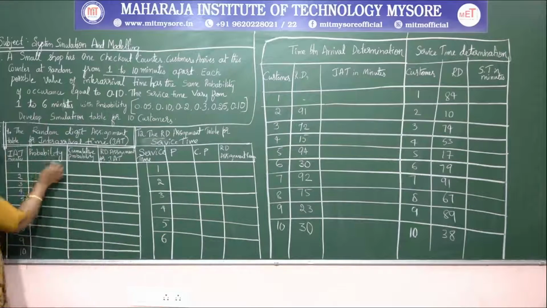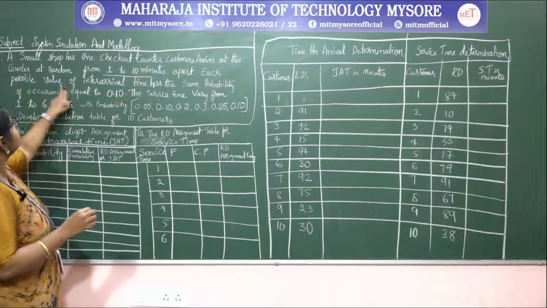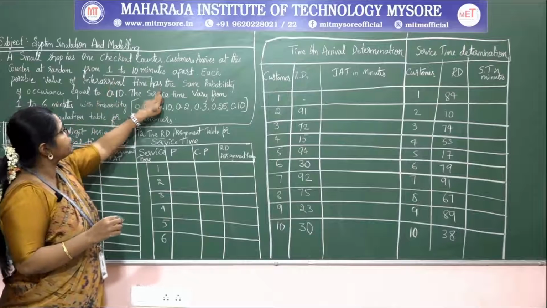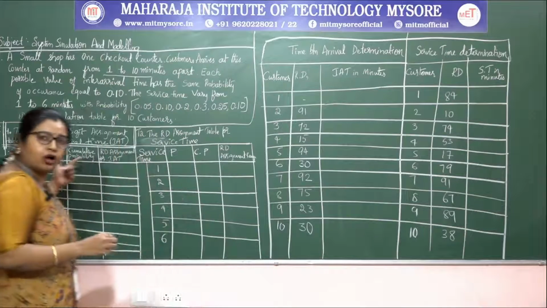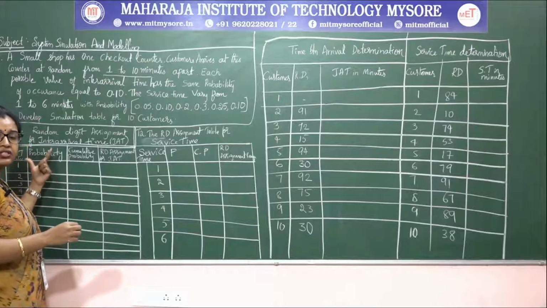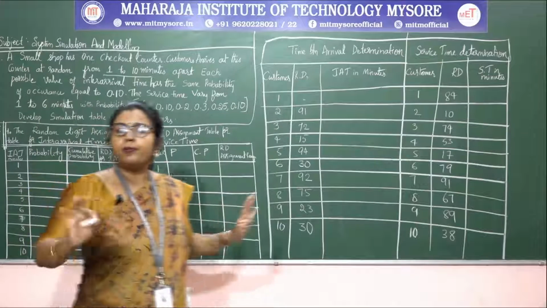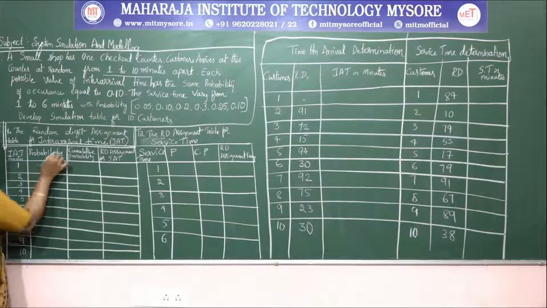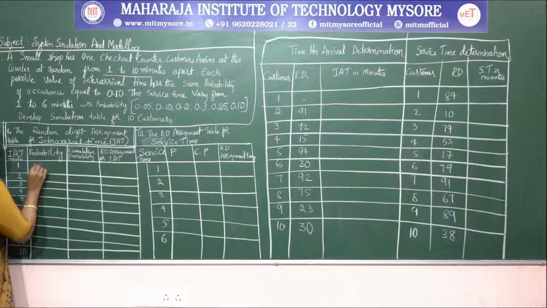So that is the probability for this IAT they have given already. Each possible value of inter-arrival time has the same probability. That means for all the 10 minutes, starting from 1 to 10, there is no change of probability at all; the probability of occurrence of any customer at these times is equal.